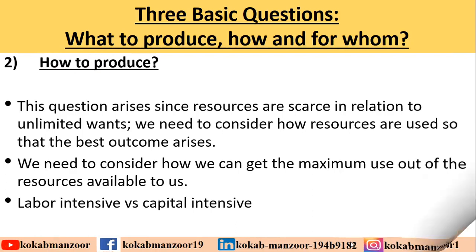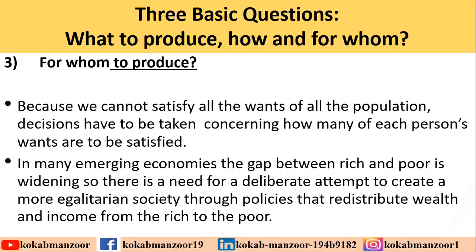The next is for whom to produce, right? Because we cannot satisfy all the wants of all the population, people living in a certain society, we have to make a decision on how many of each person's wants are to be satisfied. So in emerging economies, the gap between rich and poor is widening, so there is a need for a deliberate attempt to create a more egalitarian society through policies that redistribute wealth and income.